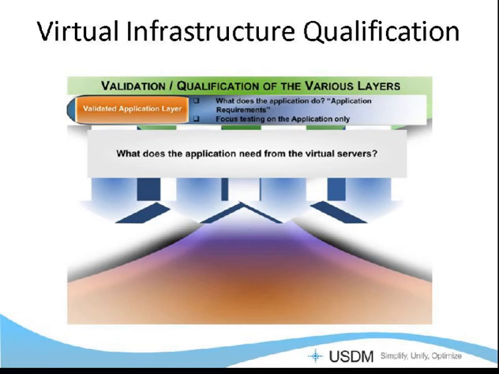Then another way of looking at it is, okay, I have the application on top. It sits on a bunch of virtual machines. So what do my applications or GXP applications really need from my VMs? Perhaps I need a Windows 2008 64-bit machine. Maybe it's a clustered database server.